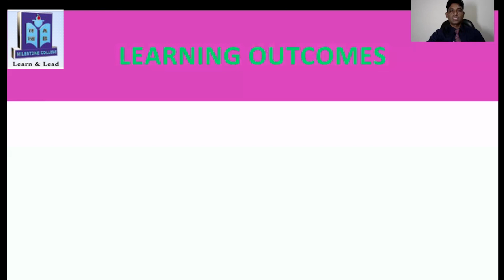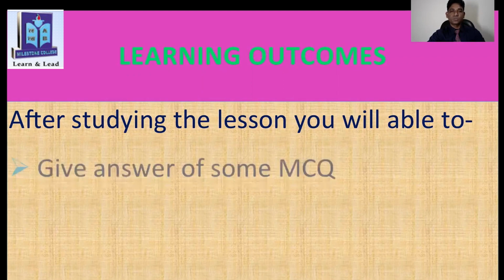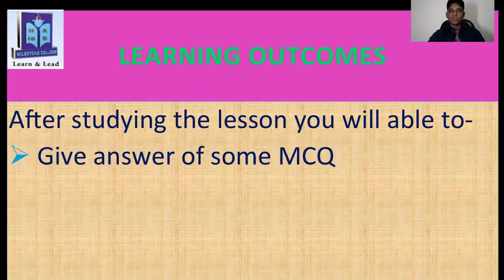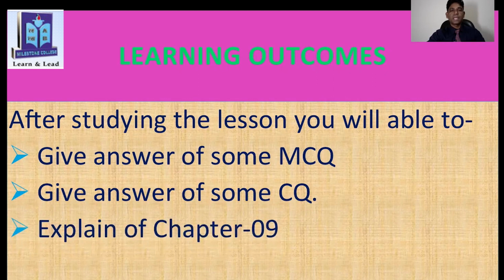And here you can see the learning outcomes today. After studying the lesson, you will be able to answer some MCQ, answer some creative questions, and explain chapter 9, isn't it?